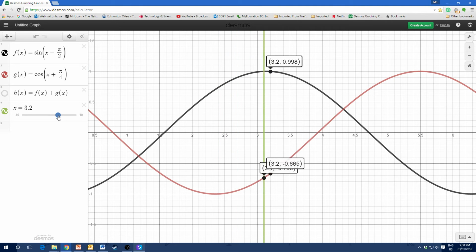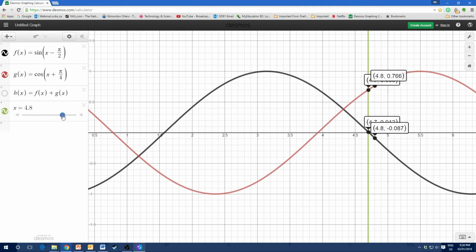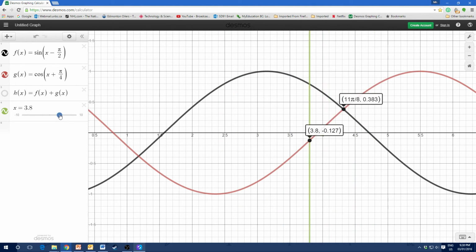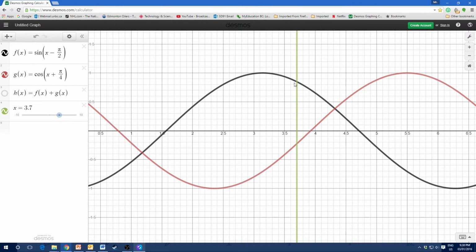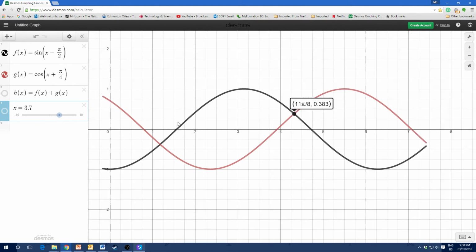It's going to be pretty much the same throughout the majority of these two waves: one wave is going to counteract the other wave. So let's see if that's actually what happens.